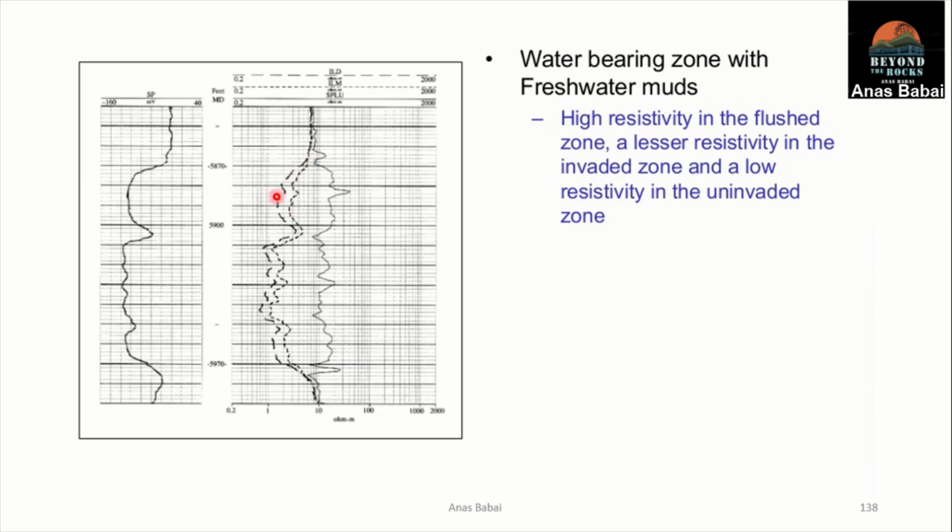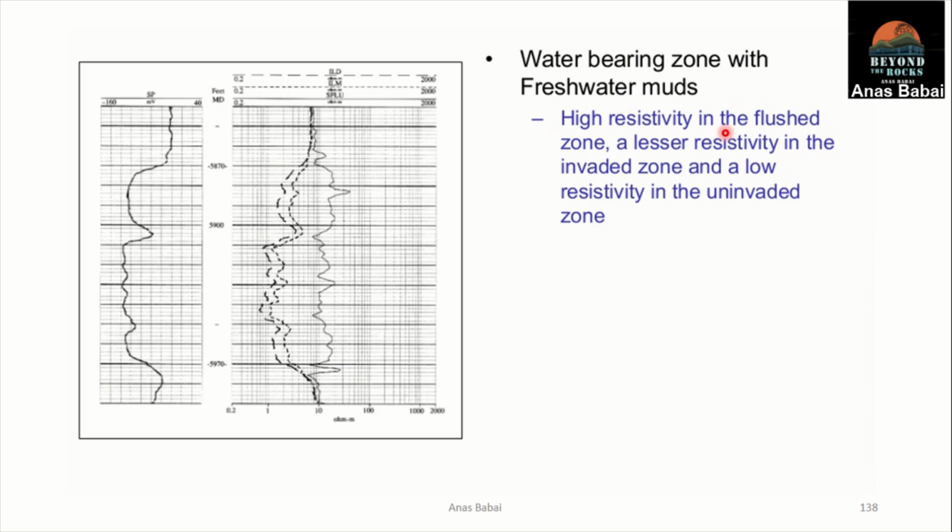As we see here, this dashed line is the induction log deep, since it's reading the formation water, which is highly conductive. It will have a very low resistivity, and that's the case, while the induction log medium will have a slightly higher resistivity compared to the induction log deep, since it might be in transition between the fresh water and formation water.